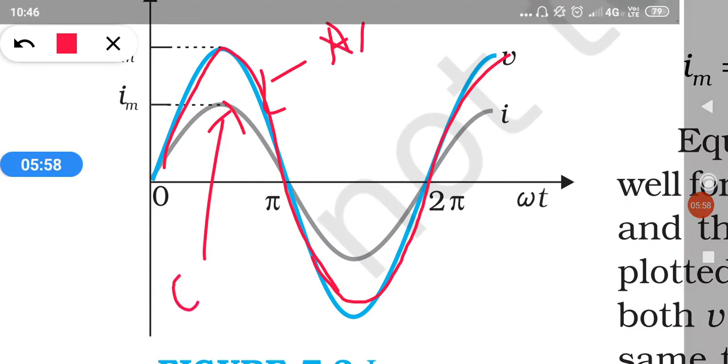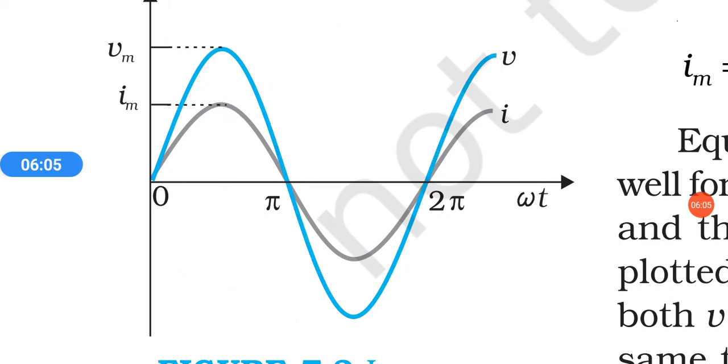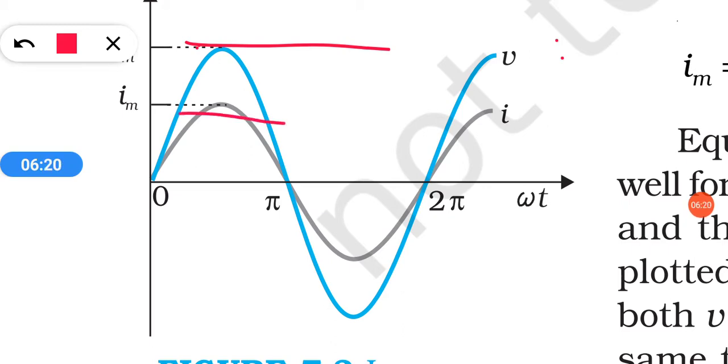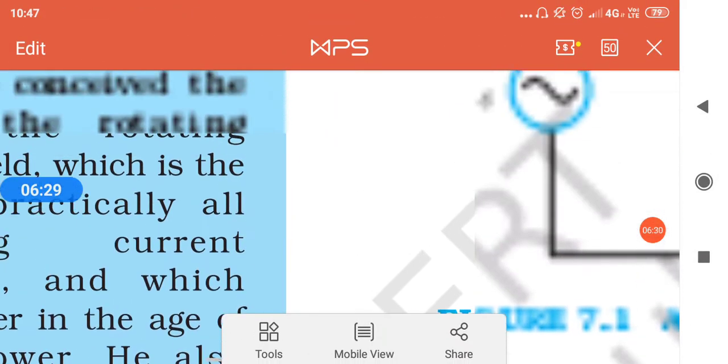This is voltage, this is current. See here, this is Vm, the maximum voltage. And see here, this is the maximum current.